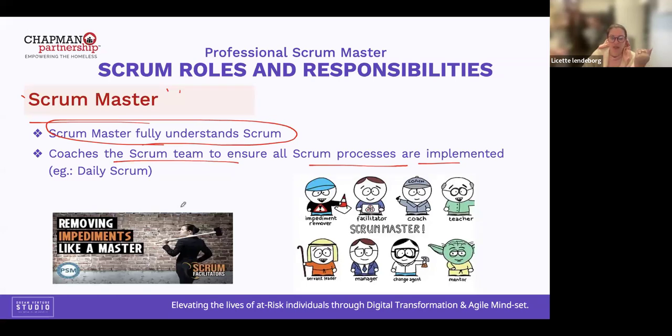We are experts in removing impediments, facilitation, providing coaching, teaching the team, change agent. Those are names that we receive. I say we because I'm considering myself a Scrum Master. And when you finish this class, you will be the Scrum Masters, right? So manager and servant leader. I love this terminology. The servant, we are servant leaders.